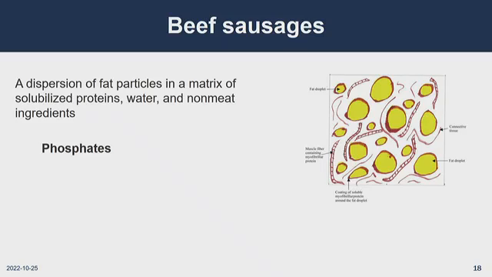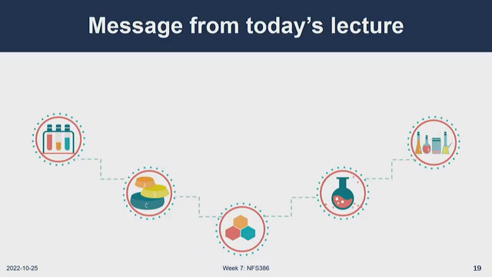So, dispersion of particles of fat. Fat shouldn't be in a higher amount compared to the other ingredients. So fat should be dispersed within the food matrix that already contains proteins, etc., and non-meat ingredients. Here, phosphate or phospholipids can be used as emulsifiers or stabilizers.